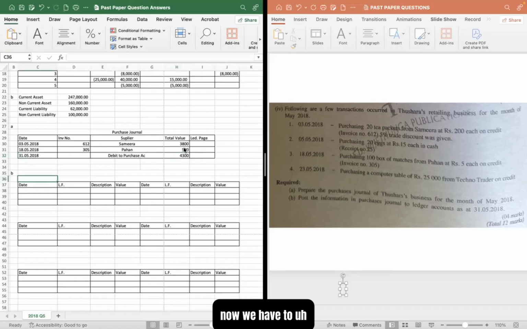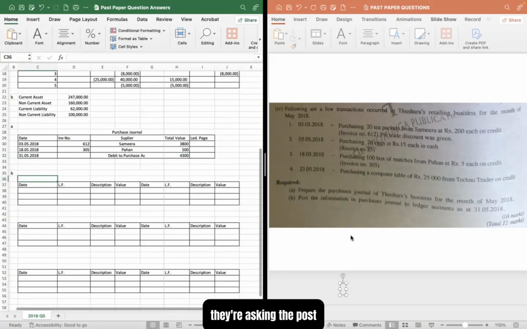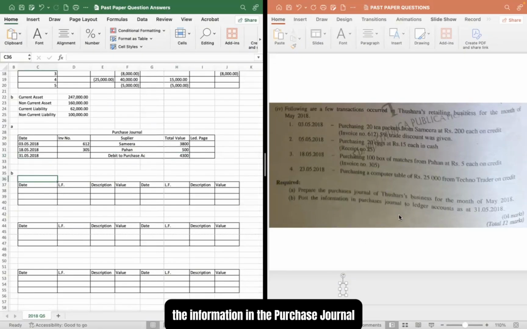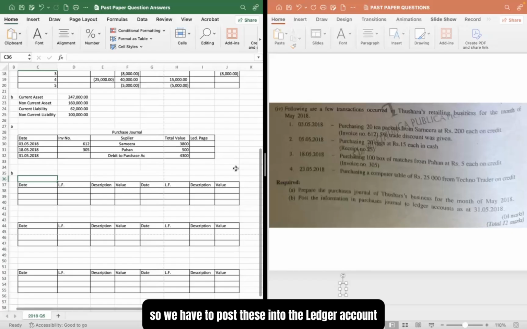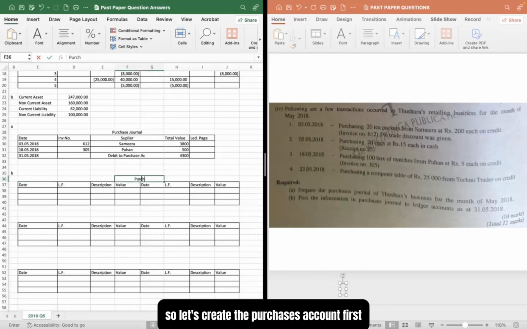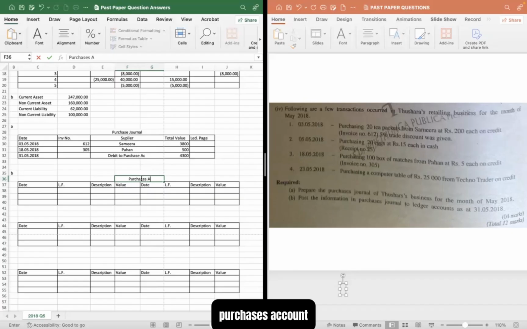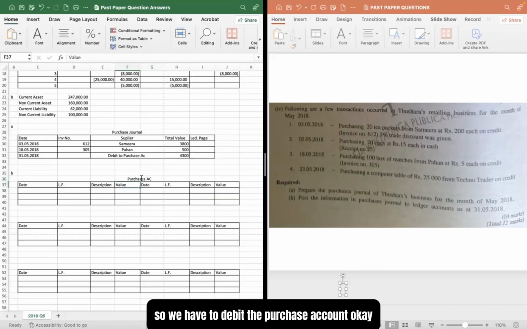Now they're asking to post the information in the purchase journal to the ledger accounts as at 31st May 2018. So we have to post these into the ledger account. So let's create the purchases account first. We have to debit the purchase account.